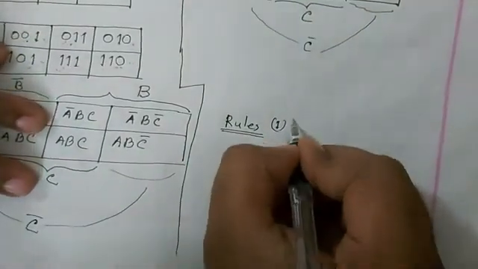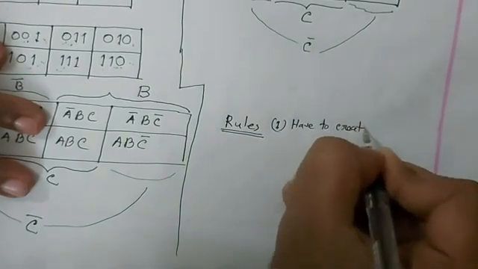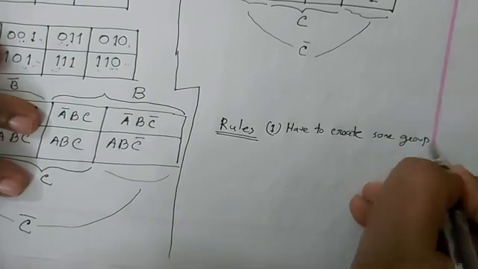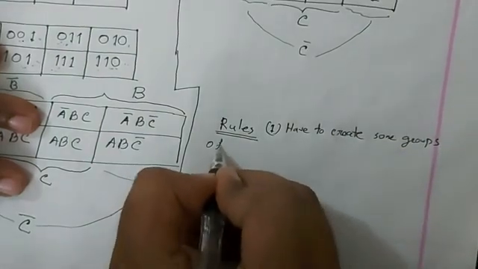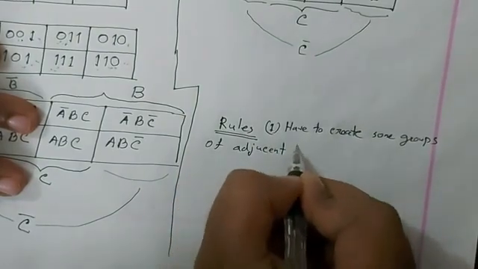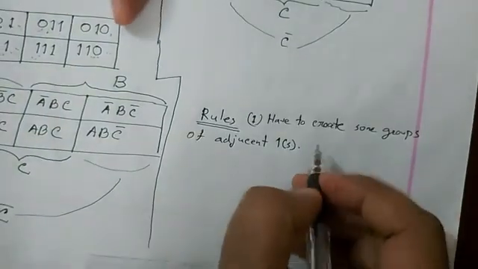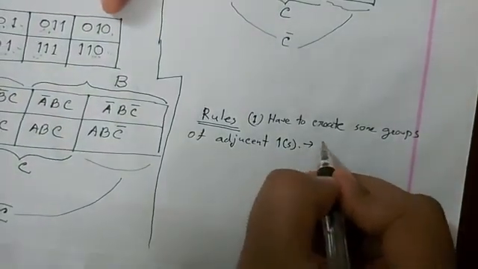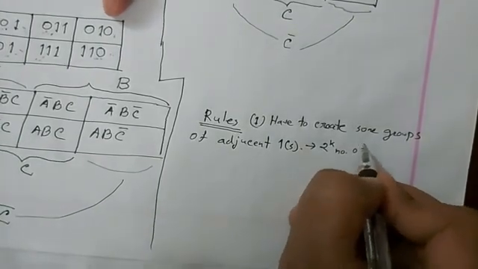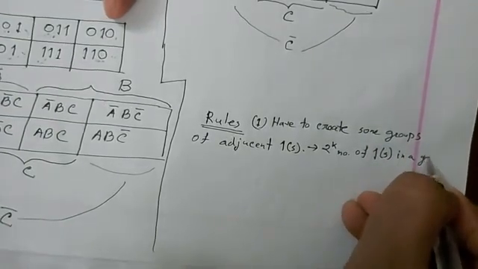We have to create some groups of adjacent ones, and there can be 2 to the power k number of ones in a group.